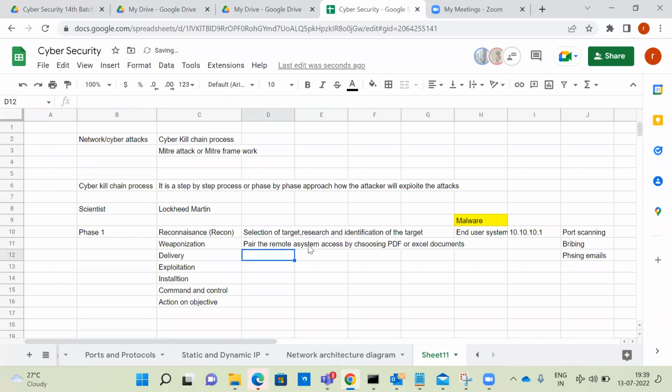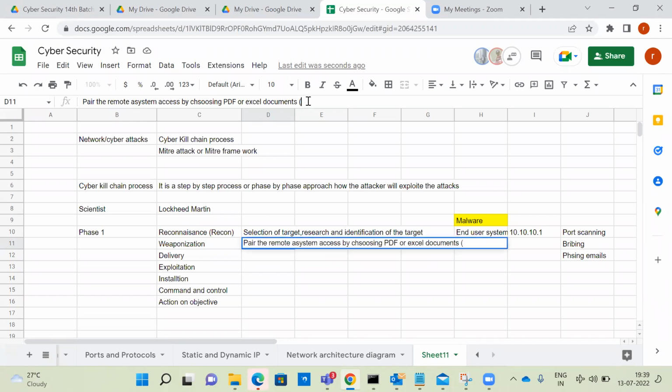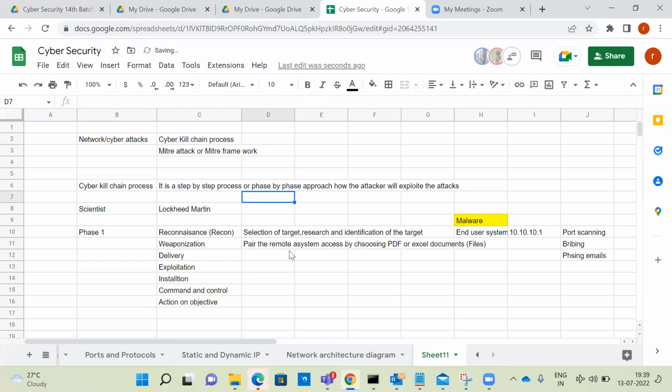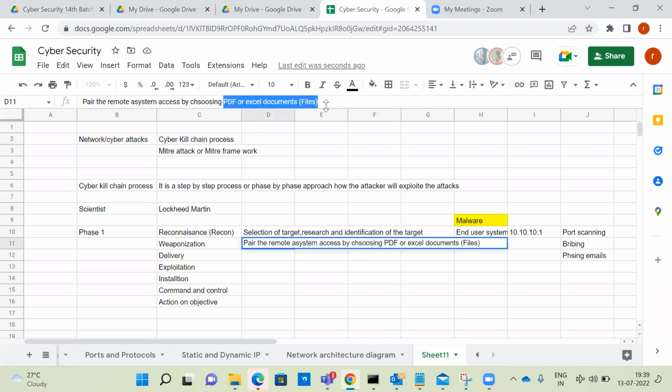Normal malware category attacks will come through documents or files. So in brackets I can put files also. Pair the remote system access by choosing PDF or Excel documents. So here he will choose the weapon as PDF or Excel documents. What is the keyword here? PDF or Excel documents as a weapon.